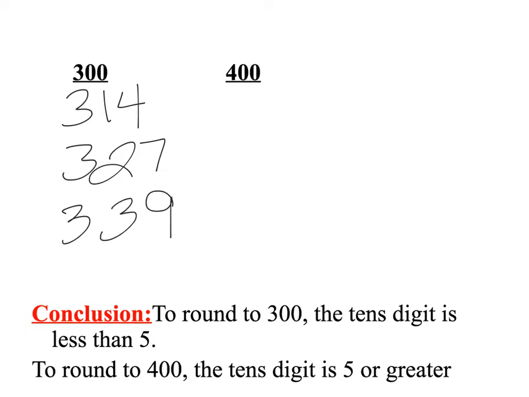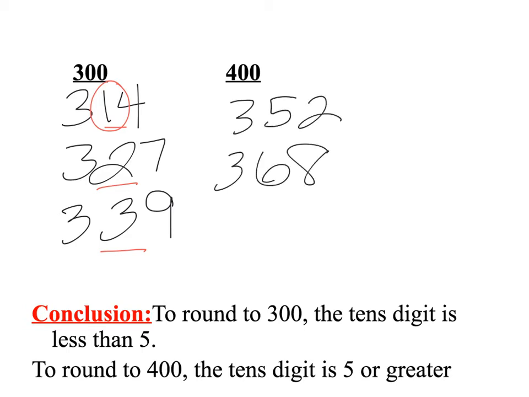When rounding to 300, you would need to look at the place value that is right before the hundreds place. In this case, we'd be looking at the tens place. So when you look at the tens place, notice that this number is less than 5, so we're going to round down to 300.